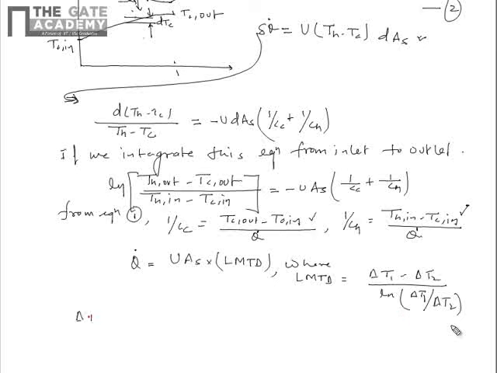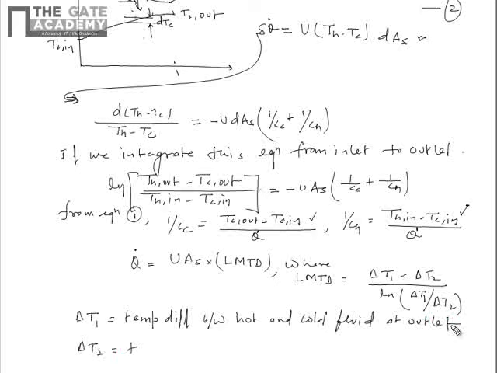So delta T1 is temperature difference between hot and cold fluid at inlet, and delta T2 is temperature difference between hot and cold fluid at outlet.